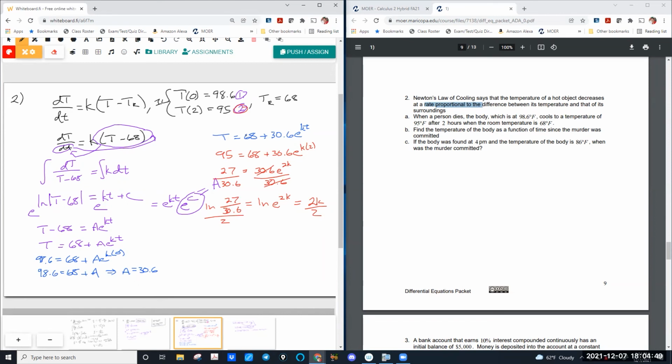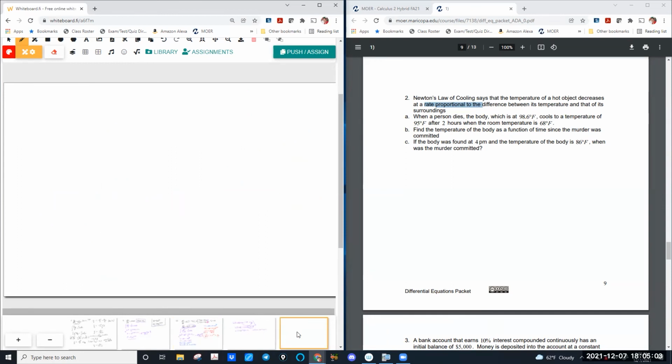So we now have a model for this temperature problem. So here's where we are now. We have our model. T equals 68 plus 30.6 e to the, and this is not the prettiest of numbers, 1/2 natural log of 27 divided by 30.6, times our little t there.